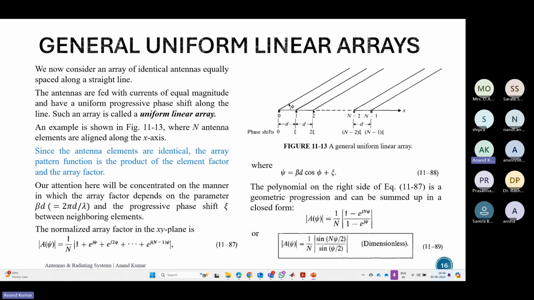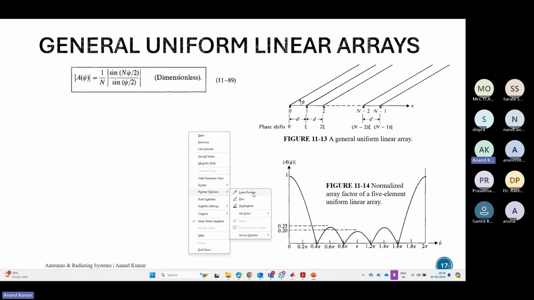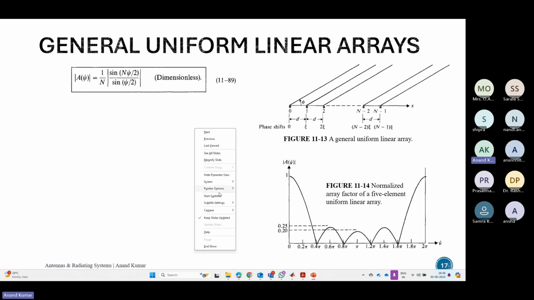Okay, then we'll proceed. In the previous slide we derived the array factor for a general uniform linear array.